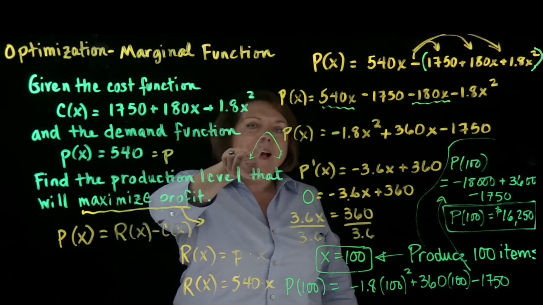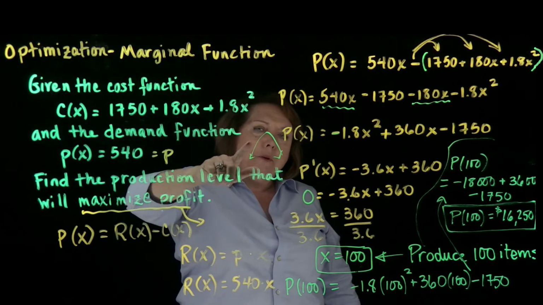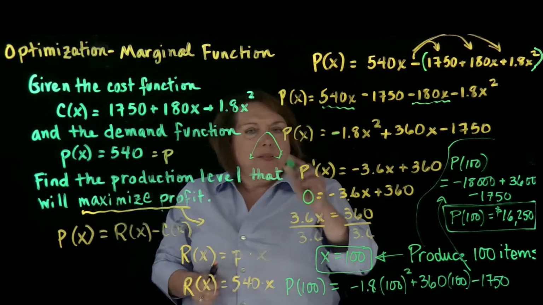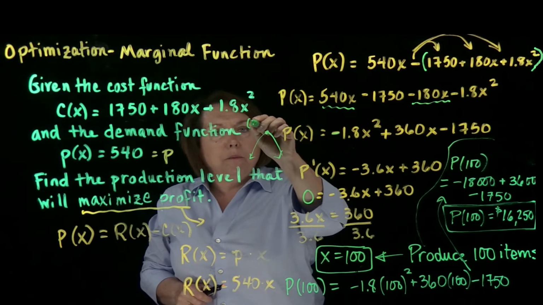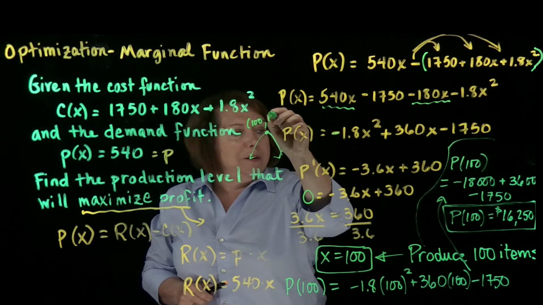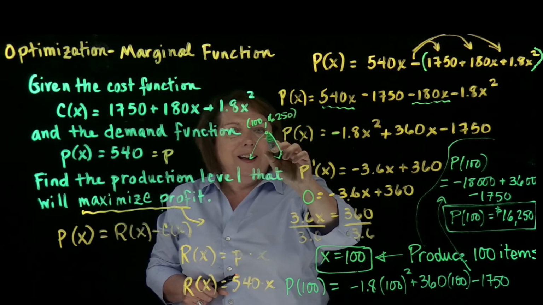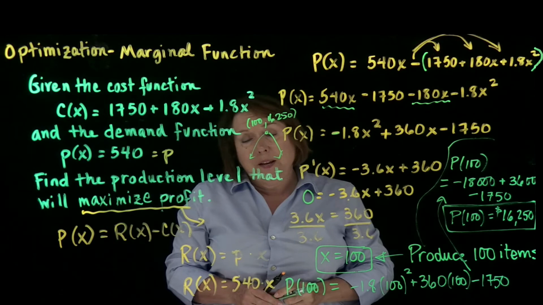That tells me we're coming up to a peak in this function, and at that peak is where we have our maximum profit. 100 comma 16,250 is the ordered pair, or the coordinate, of that point, which happens to be the vertex of our parabola.